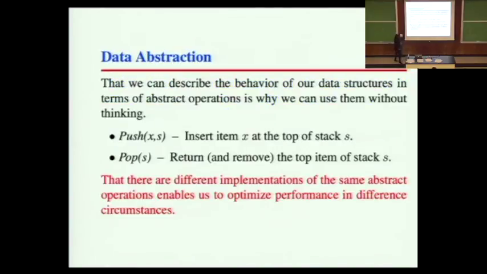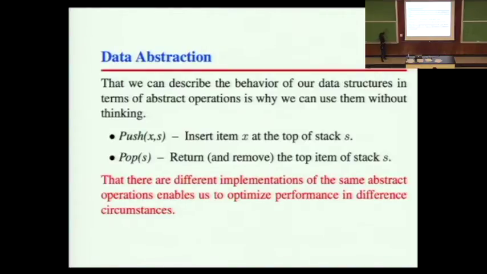So let's look at an example. One kind of data structure you can think of is a stack. You have a list of items, sort of a pile of items, and it gives you two operations.